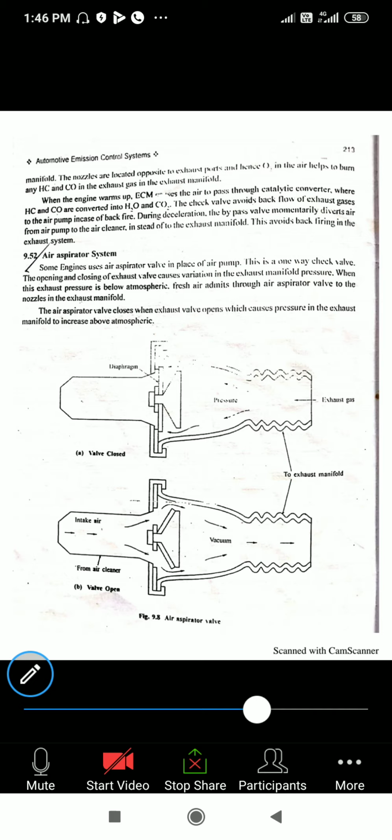The opening and closing of the exhaust valve causes variation in the exhaust manifold pressure. When the exhaust pressure is below atmospheric, fresh air is admitted through the air aspirator valve to the nozzle in the exhaust manifold. So this is the simple working of an air aspiration system, which we are also going to study.